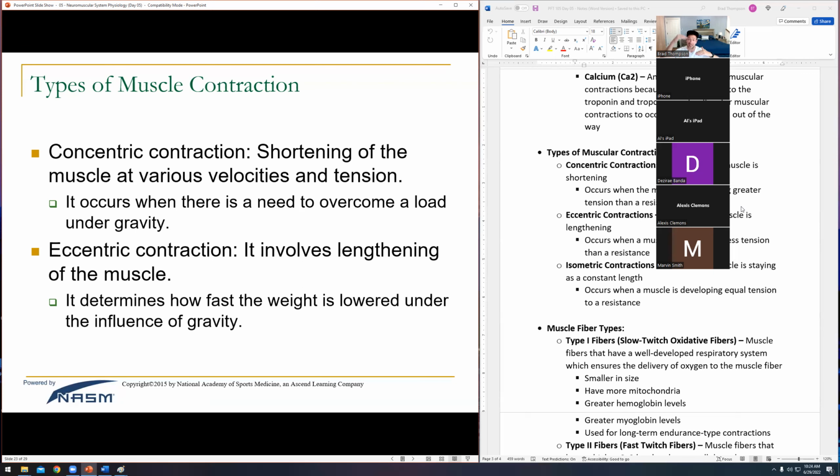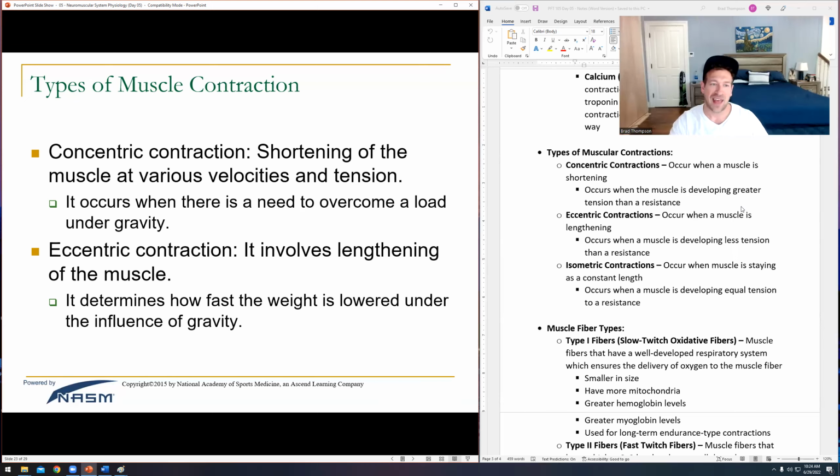Then we can start getting into heavy lifting later on. All of that function is the result of how your nervous system and your muscular system are shaped, their anatomy. Form follows function. So that is what we're looking at there.